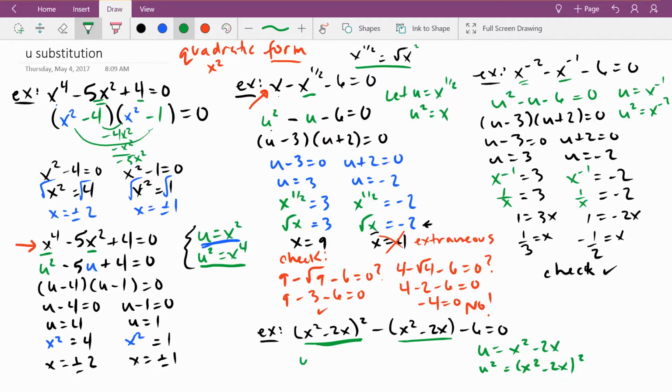This simply becomes u squared minus u minus 6 equals 0, and we would finish solving it as before, and remember at the end to plug back in x. This equation is so much prettier and easier to work with than what we started initially. Okay, I hope that clears it up. Use substitution.